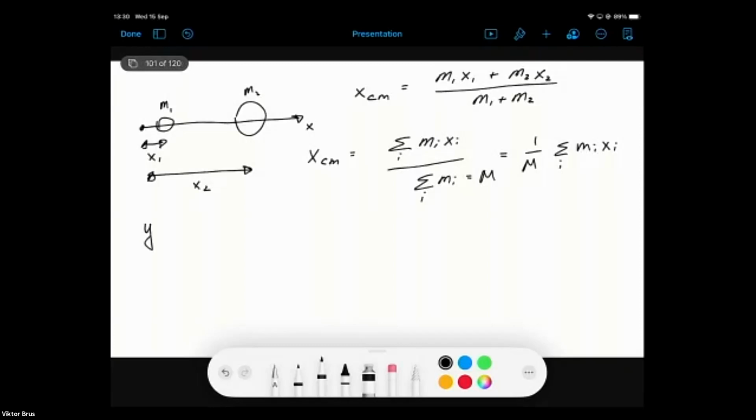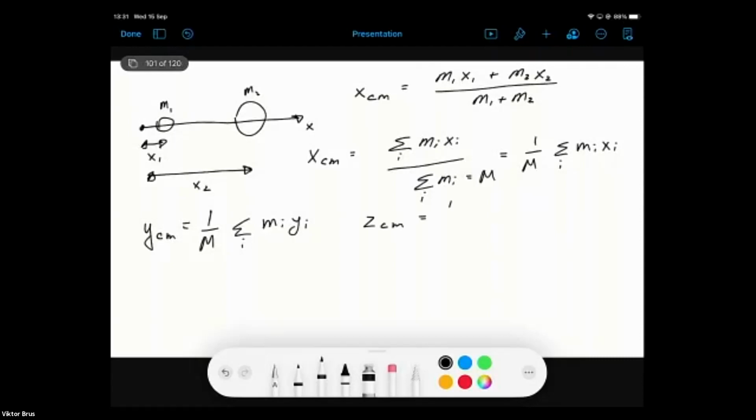So the y center of mass position will be defined by 1 over M, sum for all bodies m_i times y_i, and the same equation we can write for the axis z.